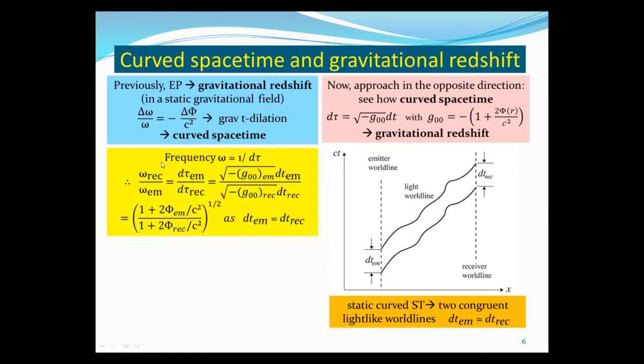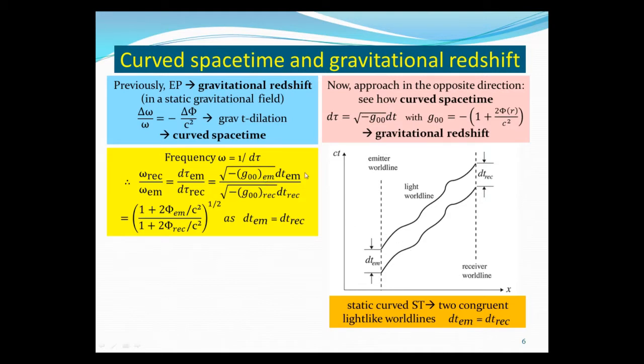Now we're going to derive the gravitational redshift. The frequency ratio between receiver and emitter, because frequencies are proportional to 1 over the proper time interval, is the proper time interval at the emission point divided by the proper time at the receiving point. But the proper time can be expressed in terms of coordinate time through the metric, so we do that for the numerator and denominator.